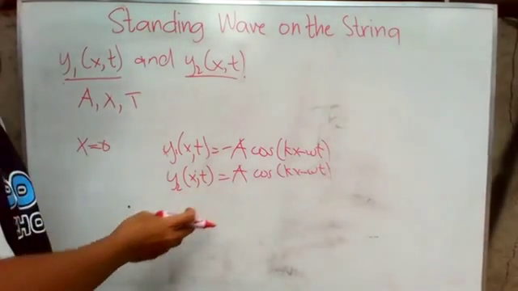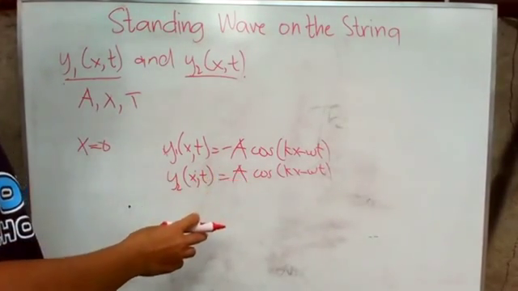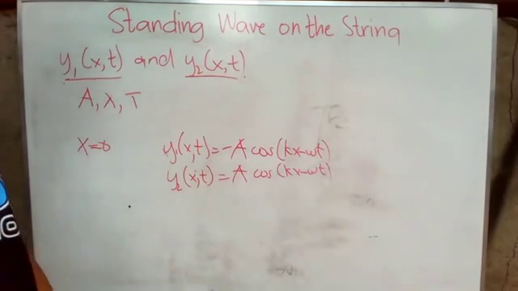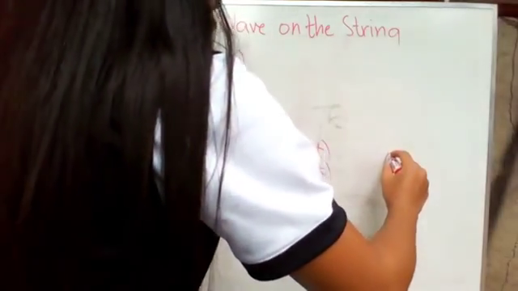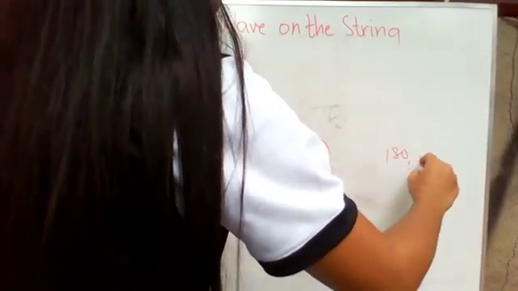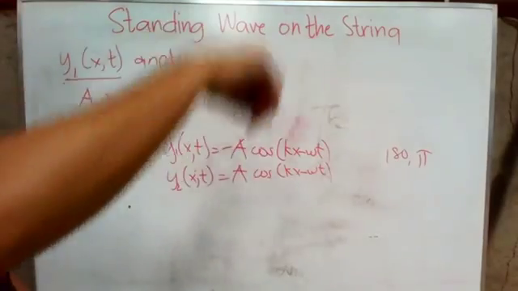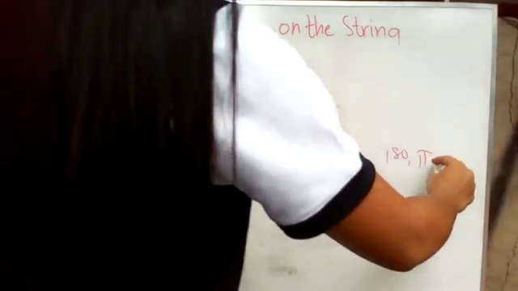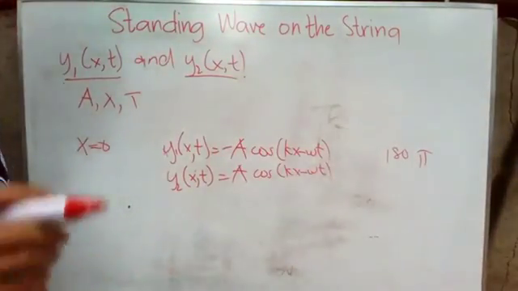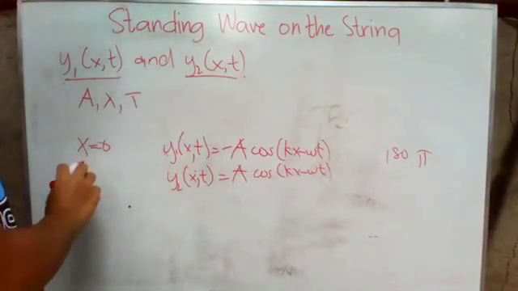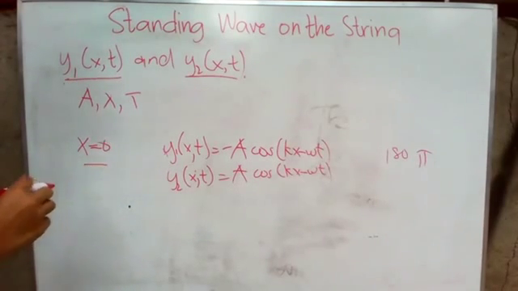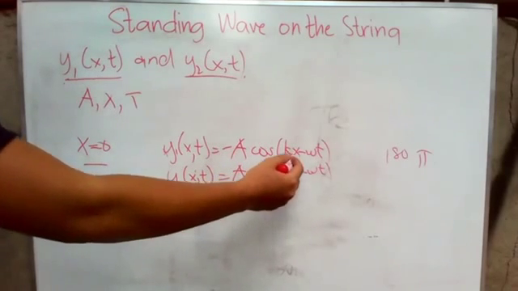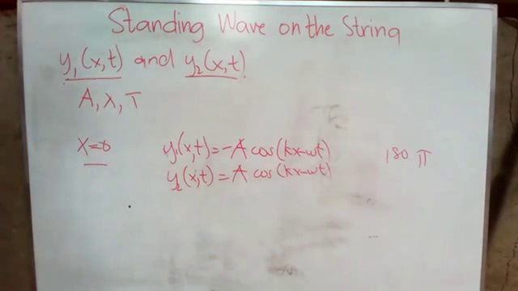Note that a change of sign corresponds to a shift in phase of 180 degrees, or pi radians. So at x equal to 0, the motion of the reflected wave is a cos of kx minus omega t.